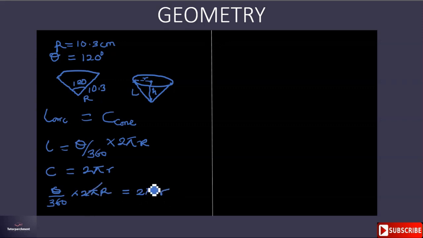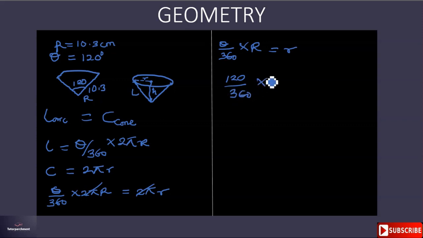These can cancel out, so you have theta over 360 multiplied by big R is equal to small r. We want to find this r. Substituting what we know, you have 120 divided by 360.